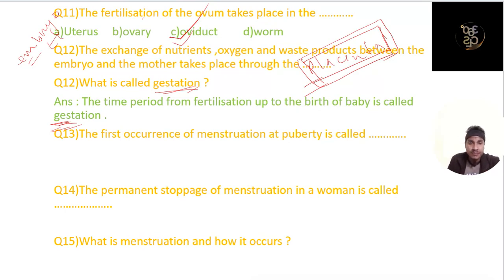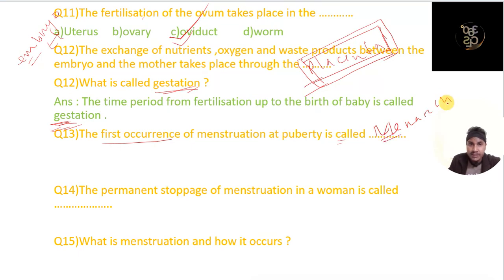Then the next problem is the first occurrence of menstruation. The first occurrence of menstruation at puberty is called what? It is called menarche.